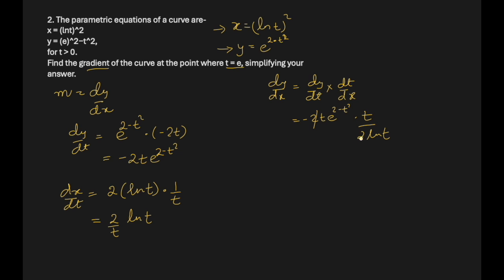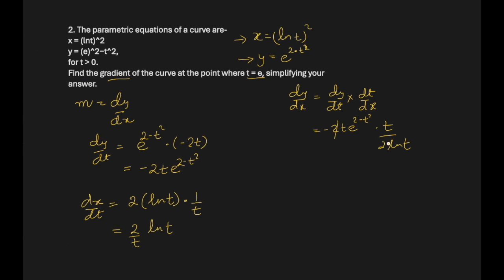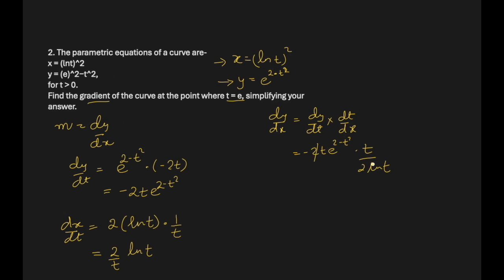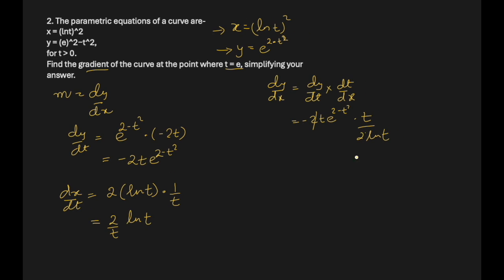Yes, 2 and 2 can cancel. t and t multiply, so it becomes t square, and we have the negative already here, e to the power 2 minus t square, and what is left is ln t. This 2 and this minus 2 were cancelled out.